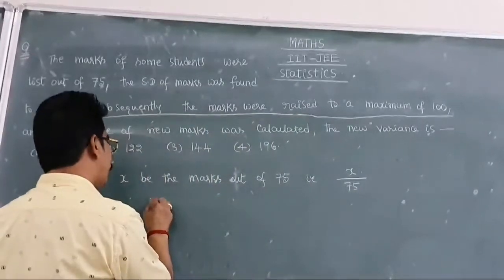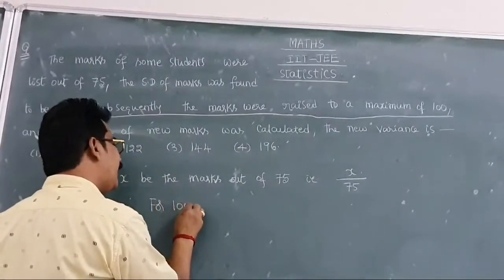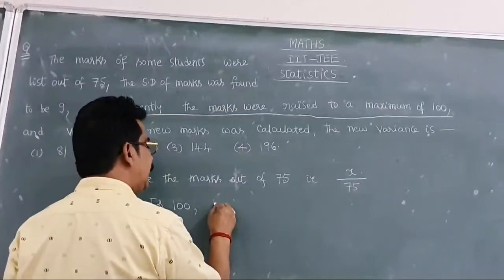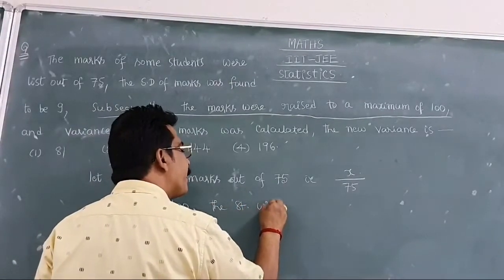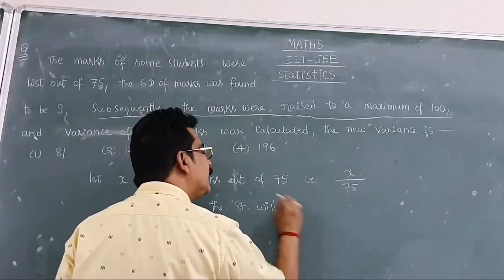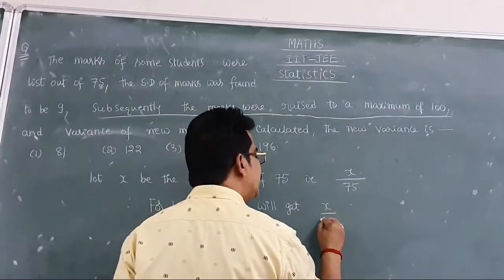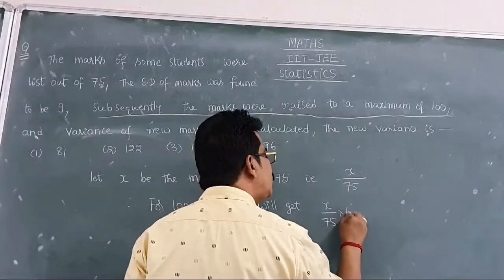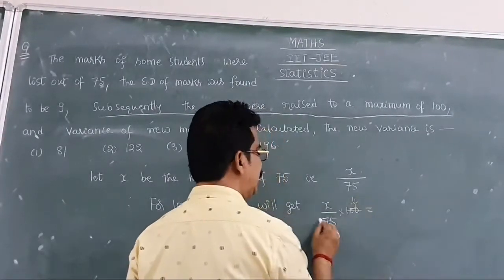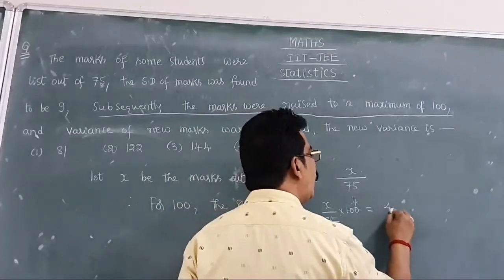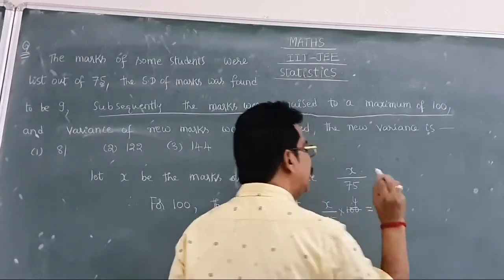Therefore for 100, the student will get x by 75 into 100. It is 25 4s are 100, 25 3s are 75, so 4x by 3.